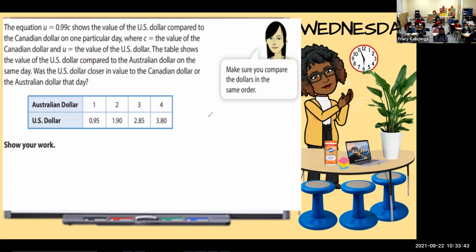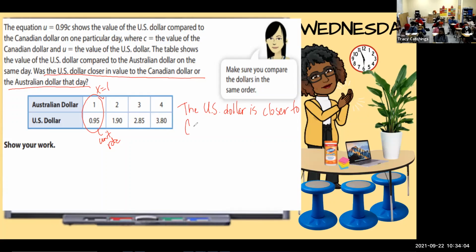Talk to us. Because the Australian dollar is 95 cents in the US dollar. Said it's closer to who? Canadian dollar because it's 99 cents.